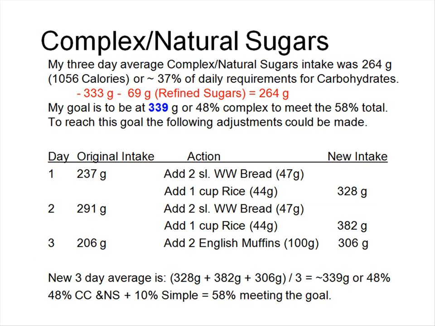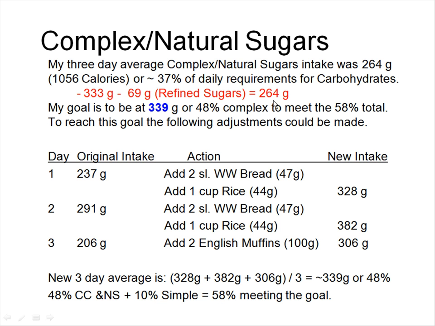So I look at that, and what I have determined is I made adjustments to my simple sugar intake, if you remember, down to 69 grams. Okay, and my total was 333 grams. So what I need to do is determine what adjustments I need to make to get that up.